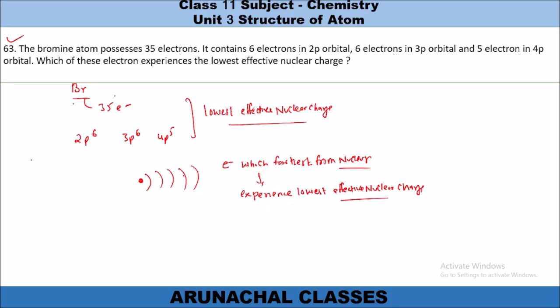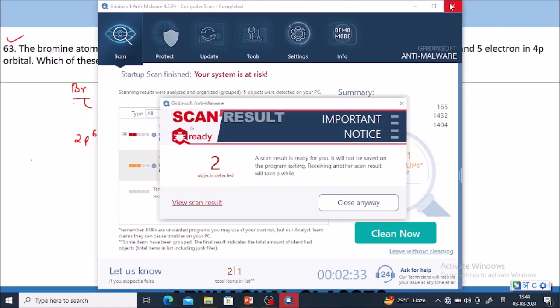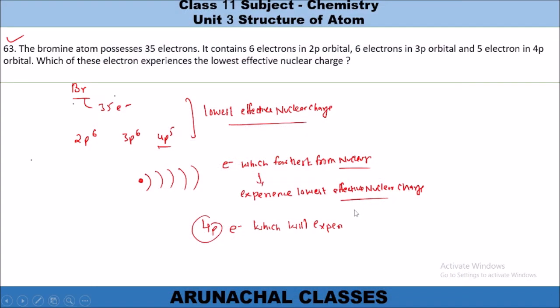So here it will be the 4p electrons which experience the lowest effective nuclear charge. Now moving to question number 64.